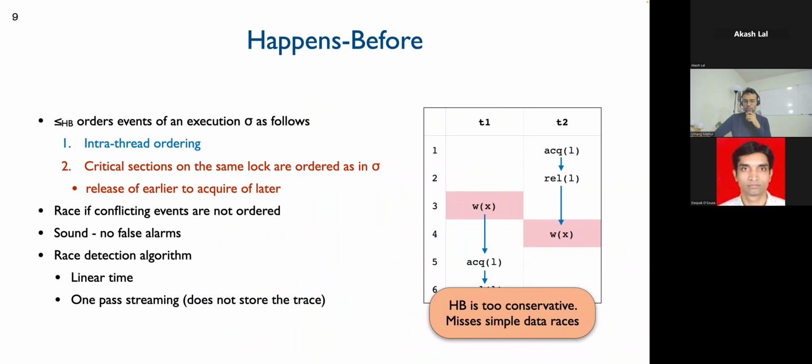Yes. It's just a question of where you draw the line, and as a trade-off, how efficient you are. Generally, my efficiency metric is that let's focus on linear time algorithms. If you can detect more races than happens-before in linear time, that's probably better. Right. Okay. Makes sense. Any more questions?